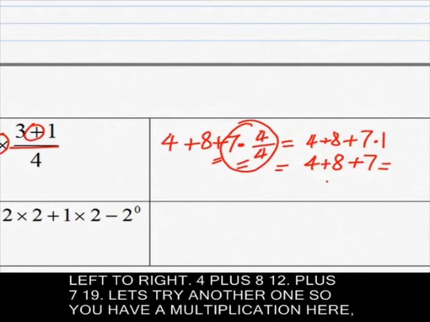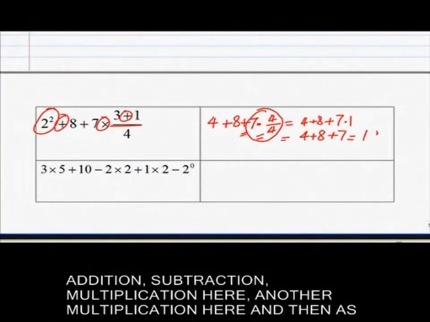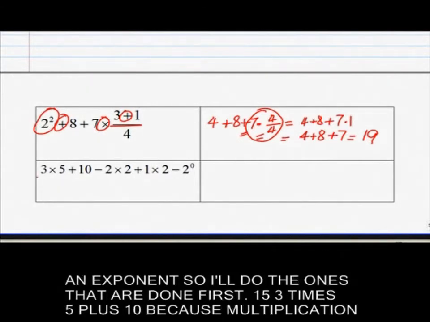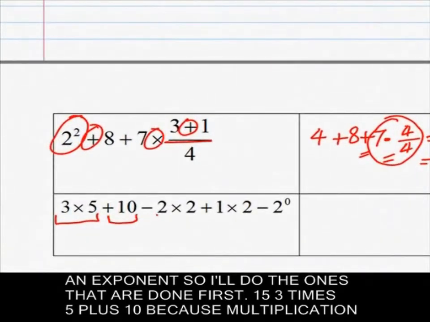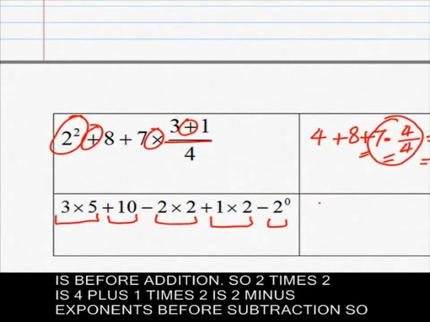Let's try another one. So you have a multiplication here, addition, subtraction, multiplication here, another multiplication here, and an exponent. So I'll do the ones that are done first. 15, 3 times 5 plus 10, because multiplication is before addition.